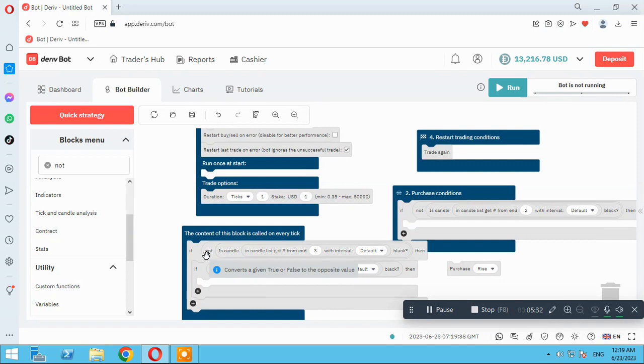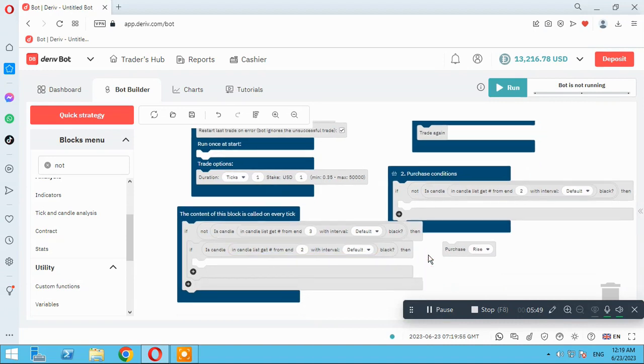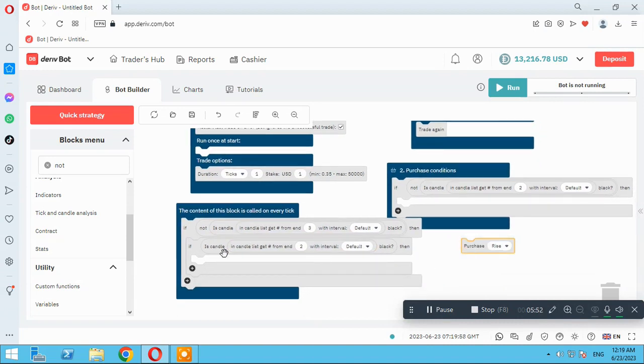The third one was green and the last one is red. This candle is black. We lose our trade. So in this method, we make a virtual loss here.